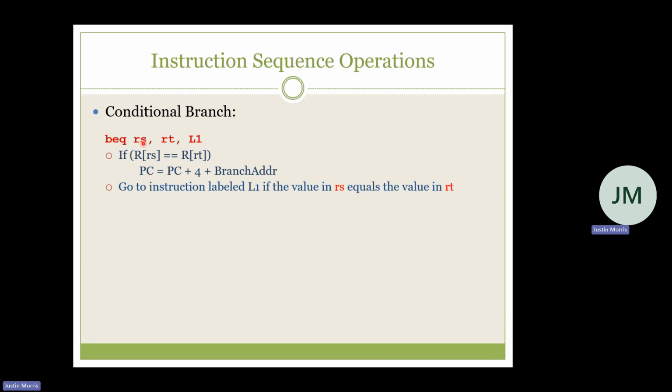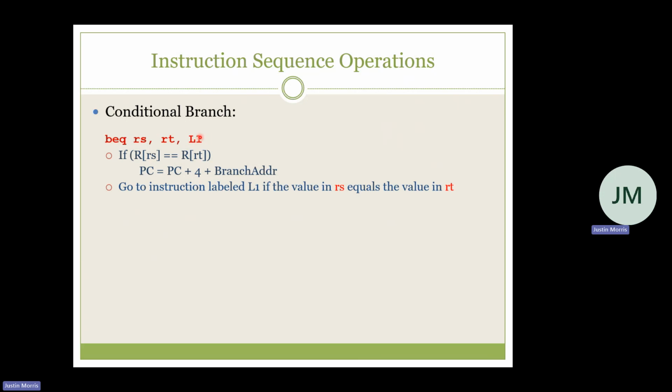So branch equal, and RS is one of your operands, RT is your other operand, and basically you're just going to be doing this: if RS and RT are equal, then we're going to increase PC not just by 4, which is your normal increment to go to the next instruction, but also by the offset specified to reach this label L1 in the code.